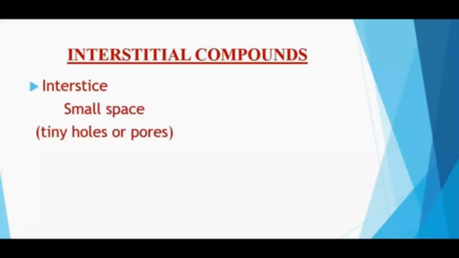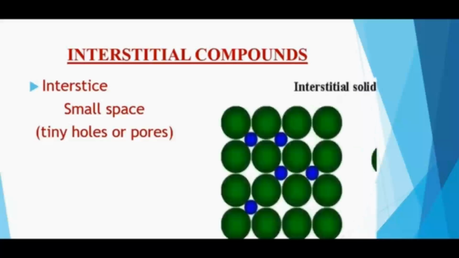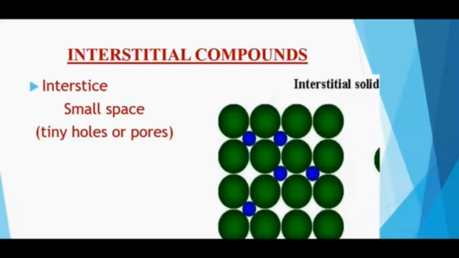Transition elements are solid metal. In their crystal lattice, elements are quite closely arranged. In this diagram, the green balls are representing the metal elements and they are quite compactly arranged. Still there is a small pore or a small hole or a gap between the metal atoms.